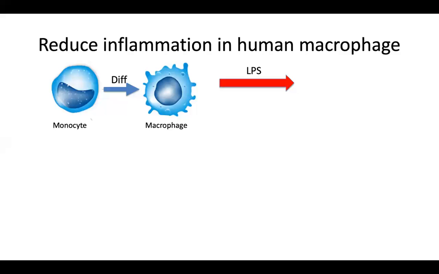It's a very strong molecule that will stimulate the macrophage, okay, to release many inflammatory cytokines, including interleukin-1 beta. Of course, it is important for the body to release the cytokines so that we can kill the bacteria. But if there is too much of this, this inflammation will hurt the host cells as well.